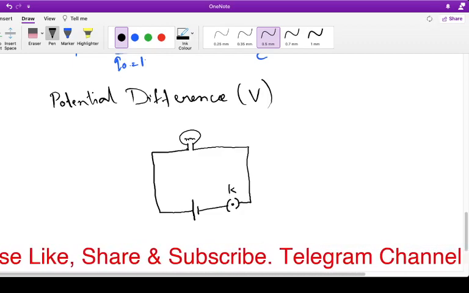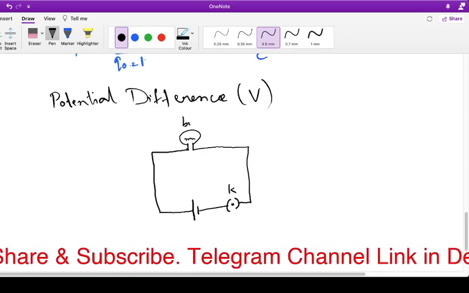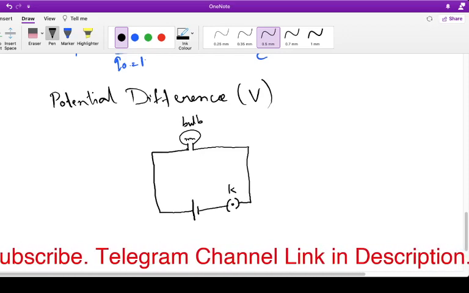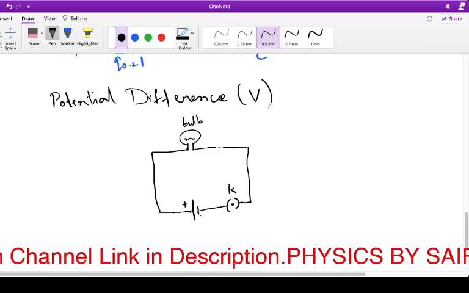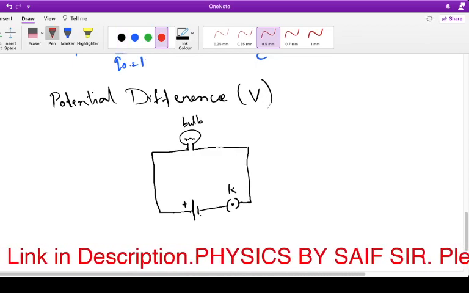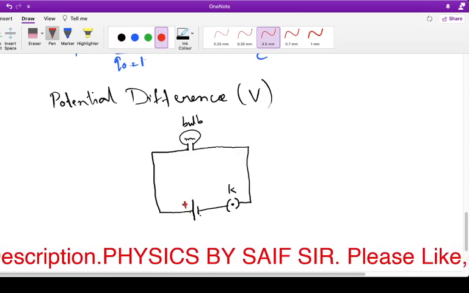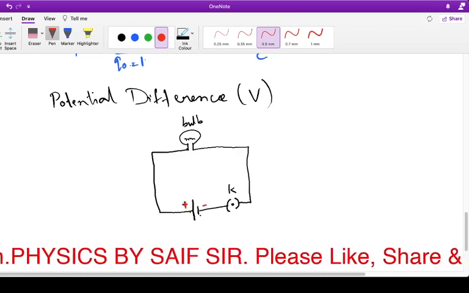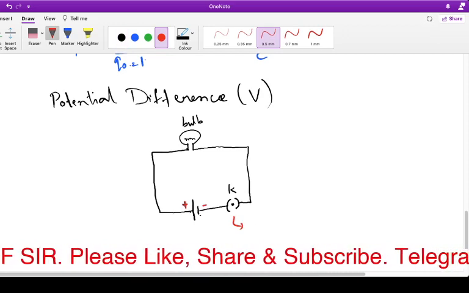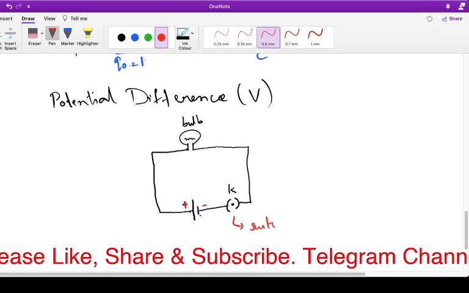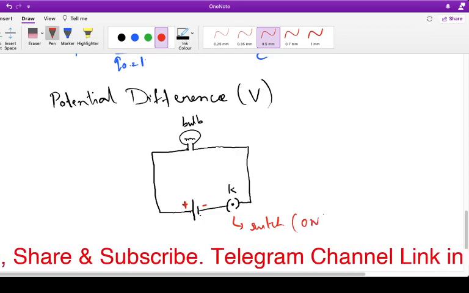In this one you have a bulb, and here the battery source is the terminal. This big line is the positive terminal, and the small line is the negative terminal. Here K is the switch, which is used for on and off purposes.